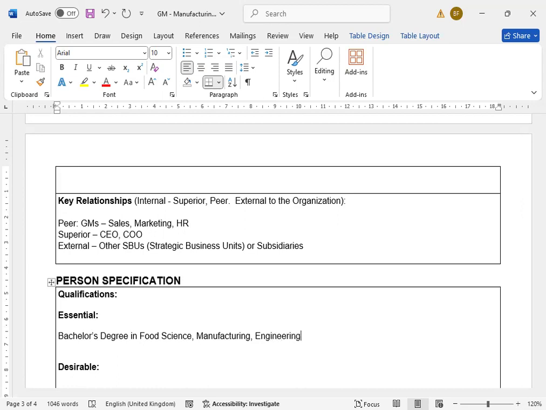But usually they prefer food science. If a bachelor's degree in food science is not available in the labor market, then it doesn't matter whether it's from manufacturing, engineering, or business management, or a related field.